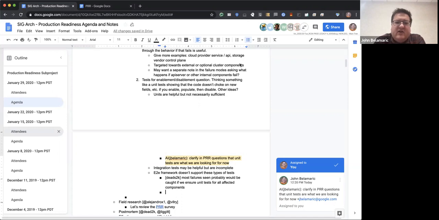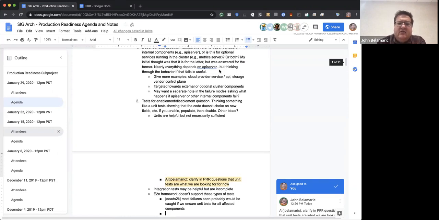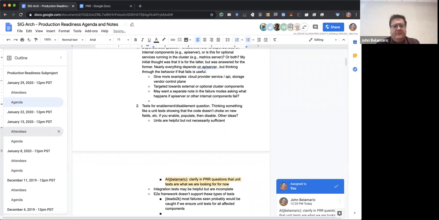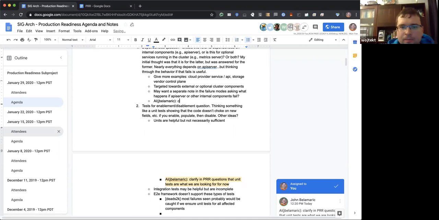I'll clarify the questionnaire with this, and I can take this one too. I also looked into this sidecar containers KEP that you were pushing, and their answers look pretty reasonable to me.